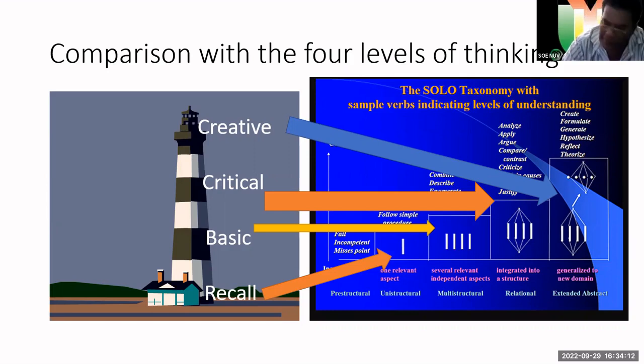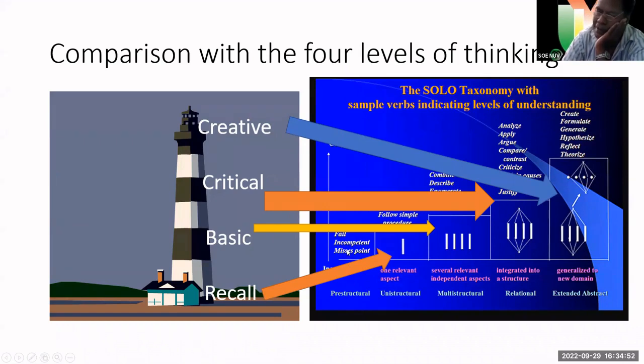Okay? Yes. Now, why do we not include pre-structural? We have pre-structural to start off, but according to this comparison, I did not relate anything to pre-structural, only for multi, and that is aligned well with the picture on both sides.